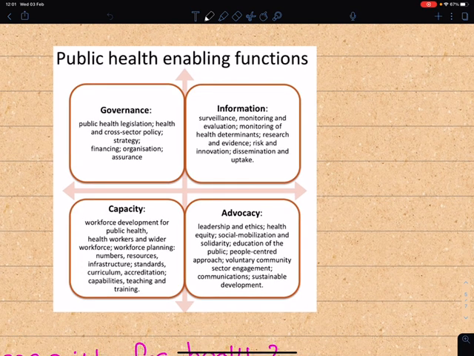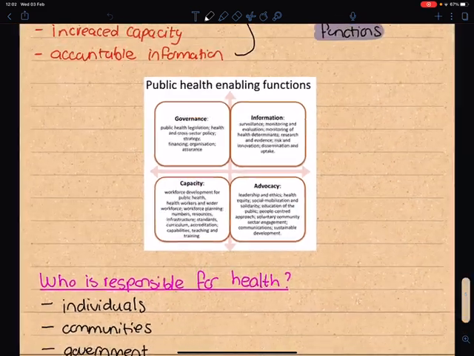Capacity, how I remember capacity is how many people our health service can serve. So that's the workforce, workforce planning, the resources, infrastructure, things like that. Information is surveillance and monitoring. Advocacy is leadership, and ethics and things like that.